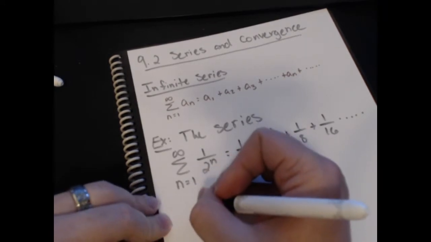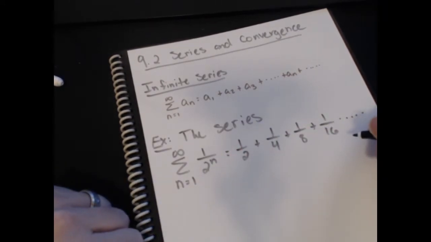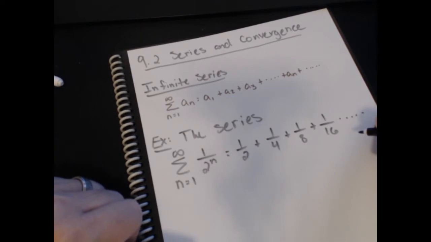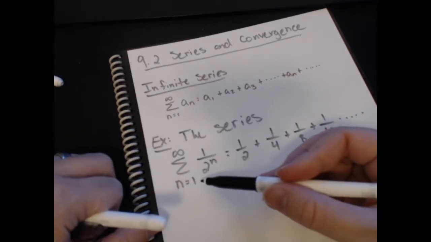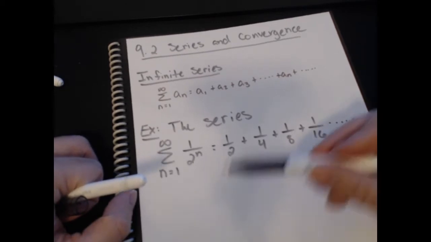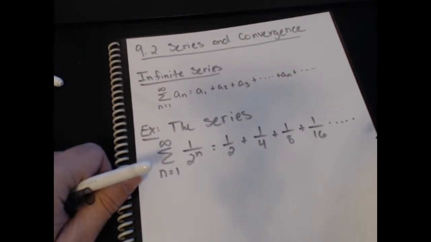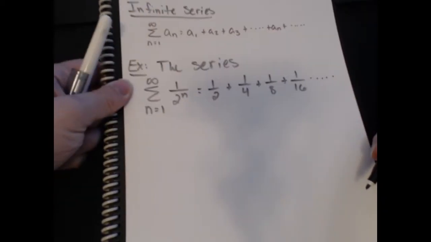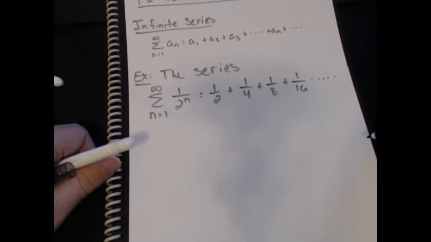And if I need to write larger, just let me know, because I know it might be a little hard to see. Ooh, that size is good. So are they all going to look like that with the infinity up top and the n equals 1 at the bottom? For infinite series, yes. They could start it anywhere else, but more often than not, it's going to be n equals 1 to infinity. They want you to look at the first term and then go from there.